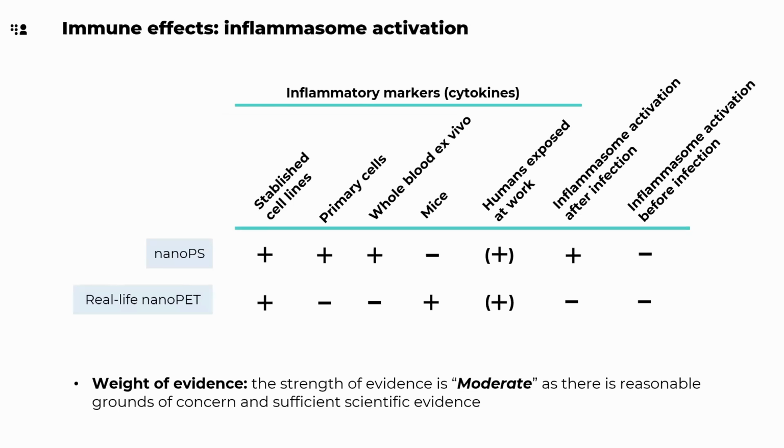A plus means we have obtained positive results, and if not, you see a minus. You see that there's, in brackets, human exposed at work, because we have observed positive results for inflammatory markers, but of course we don't know if all these workers are exposed exclusively to one or the other. So this will be positive for all the plastics there. And we have clear information that the nanopolystyrene, or the beads, activate the inflammasome, as you see there. So that is for us a higher level of evidence than the rest of the endpoints that we have analyzed.